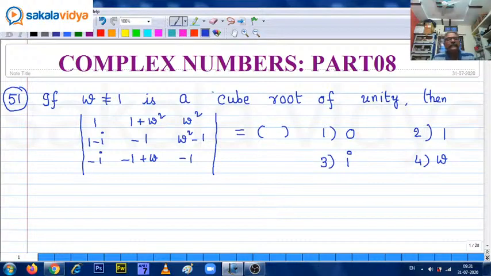Right, let us go for this problem now. Omega is a cube root of unity, then we need to find this determinant.